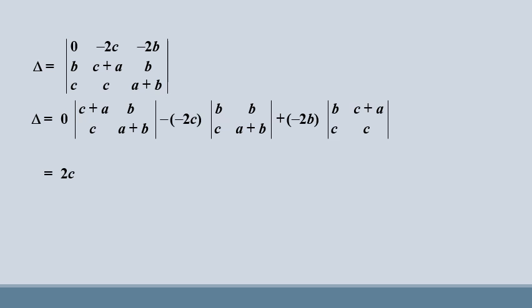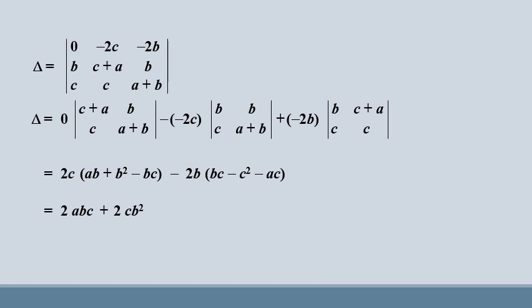So 0 into any determinant will be 0, minus into minus 2c will be plus 2c. So b into (a + b) is ab plus b square minus bc, and minus 2b into bc minus c square minus ac. Now we simplify it further.